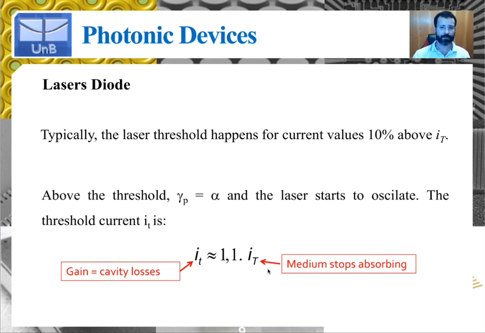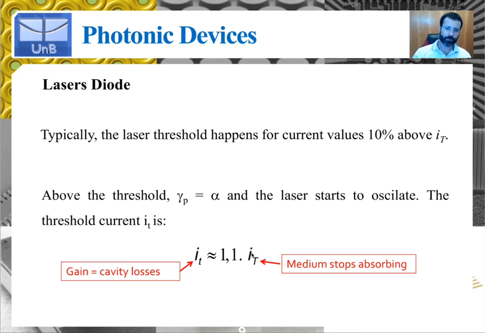And this happens because you raise the rate of emission by raising the excess carrier concentration, which is proportional to the current, up to a certain level in which the emission rate is equal to the absorption rate. So that is the transparency current.